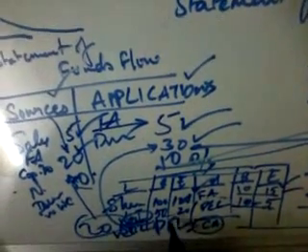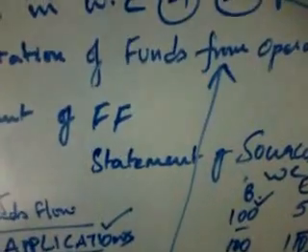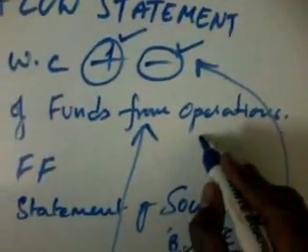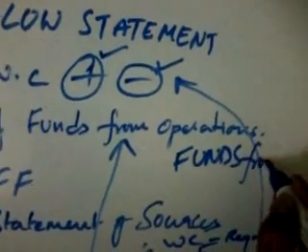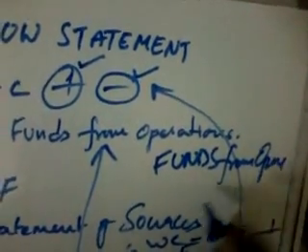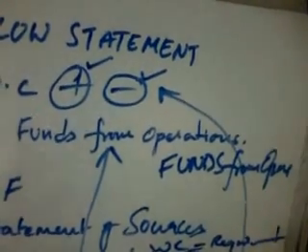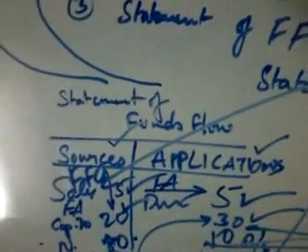In P&L, we have found the profits from operations. If suppose we have funds from operations, that means we have income, isn't it? So again come to sources, funds from operations.